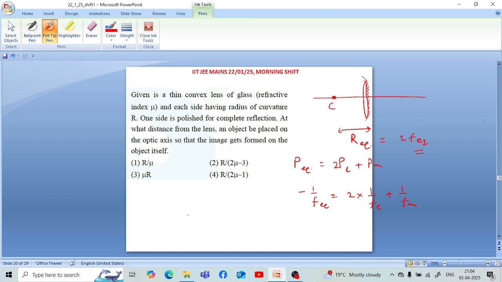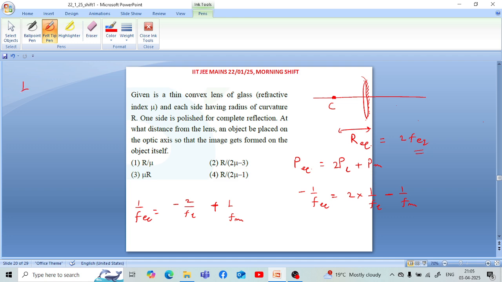Now we can multiply minus 1 on both sides and we get 1 upon f equivalent is equal to minus 2 upon FL, then minus 1 upon FM. An important point is that there should be a negative sign here, because for the mirror we have to take a negative sign. So that is why here is a positive sign.